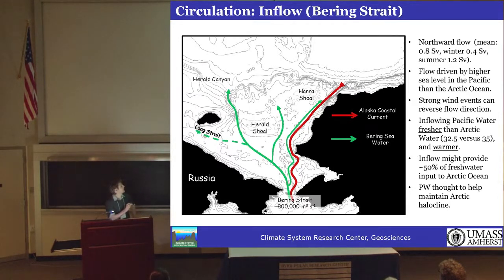About 0.2 sverdrups goes through the central channel, and roughly another 0.3 goes down through Barrow Canyon. These are rough numbers, but if you add them up you get 0.8. It's not to say that it always adds up over time.